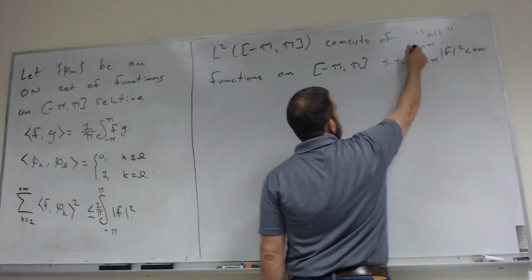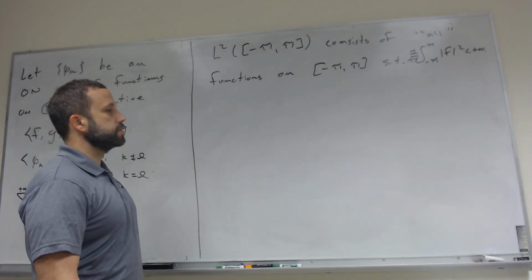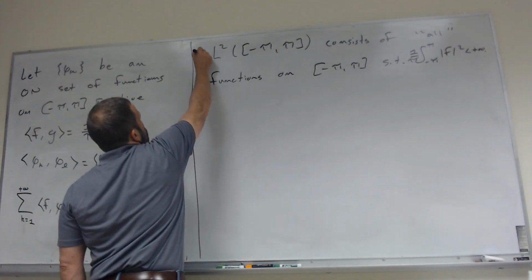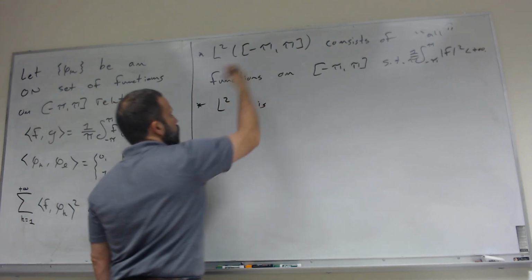Okay, and again, you could put the 1 over pi here. That obviously doesn't change the definition of this space. So L2, I won't write the minus pi to pi.